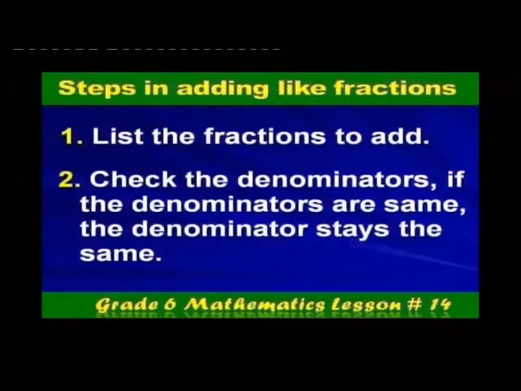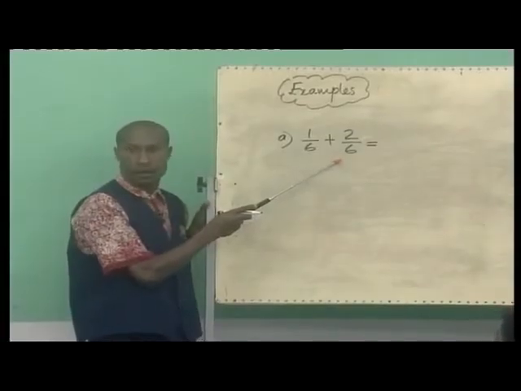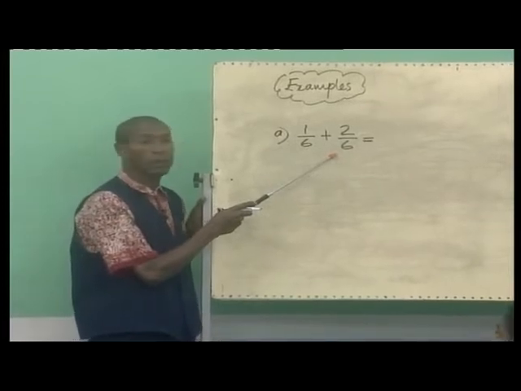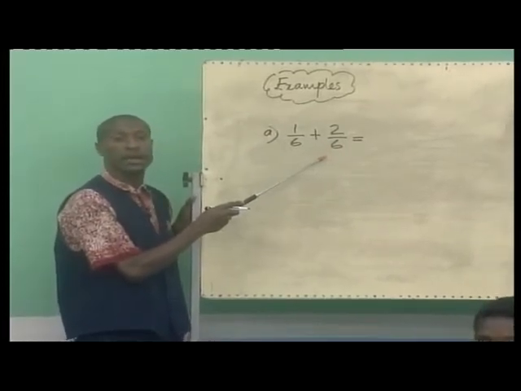The second step says, what does the second step say, students? Let's check the denominators of these two fractions that we are trying to add. Are they the same? Yes. They are the same, so we will leave the denominators as they are.